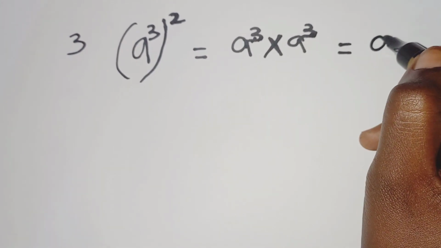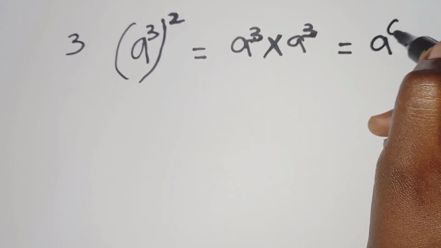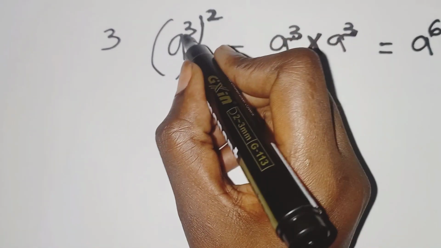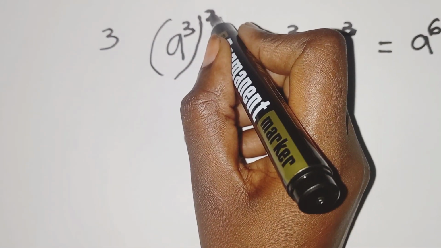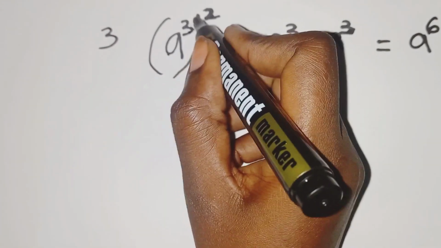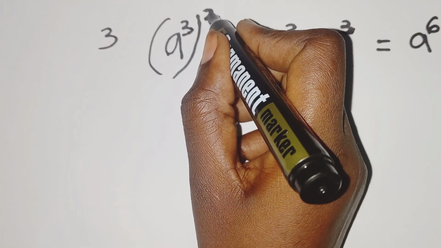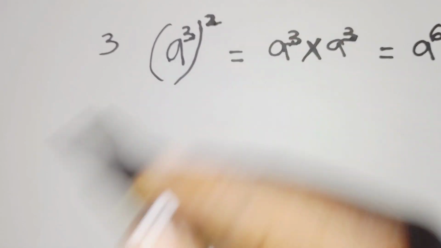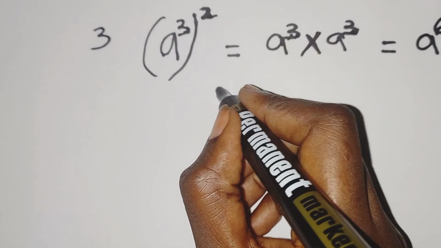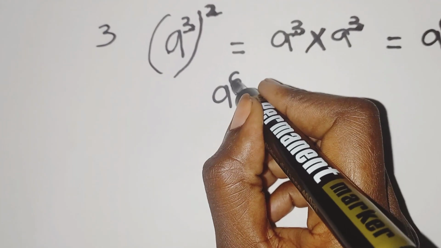So the answer will be a raised to power 6. That one will be the same as you taking 3 and multiplying by 2. So if you're given a raised to power 3 squared, you'll take 3 multiplied by 2, and you'll get a raised to power 6.